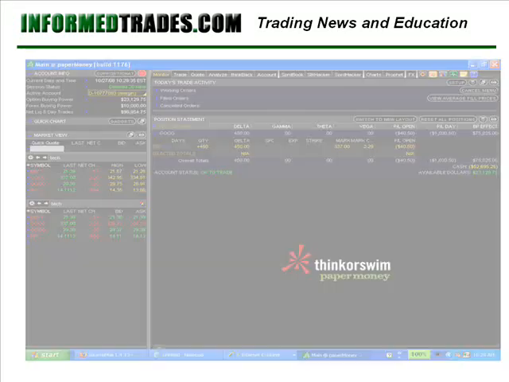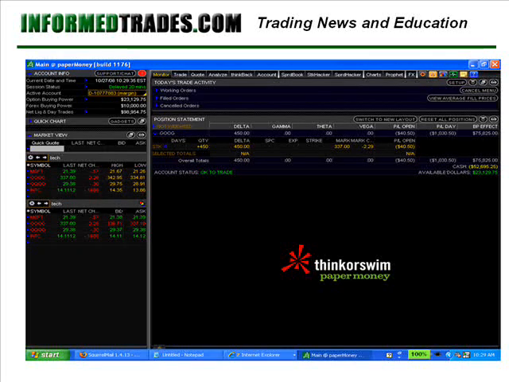Okay, so the first example we are going to look at is trading a long position on margin. For this example, as you can see in the screenshot I'm displaying now, I'm long 450 shares of Google, which had a current market price of $337 when I took this screenshot.